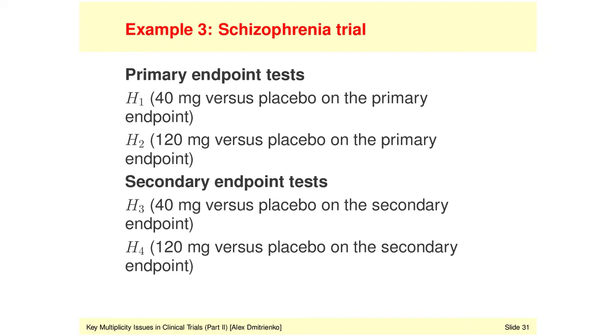And in addition to this, the second source of multiplicity is defined by the fact that there are two doses of the experimental drug compared to placebo. This results in four null hypotheses of no treatment effect, and those are grouped into two families: the family of primary endpoint tests and the family of secondary endpoint tests. Those families are defined on the slide.